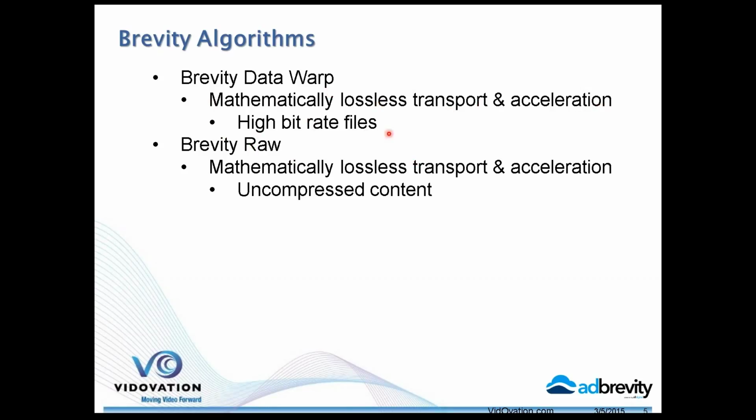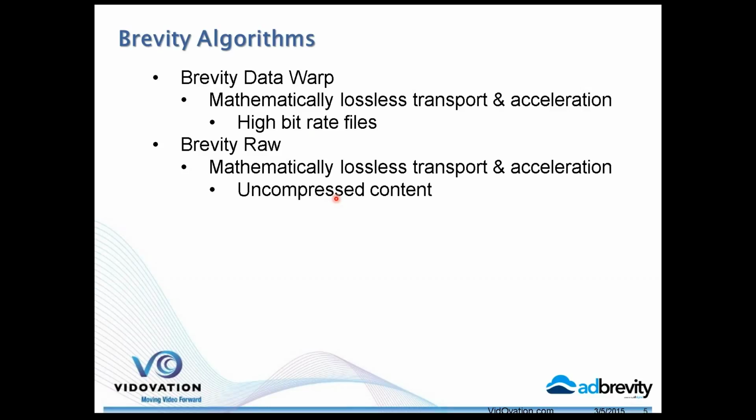This is beneficial with higher bit rate files, really, really large files. Then if we have uncompressed content, raw content, we can handle that as well, and the Brevity raw warp engine kicks in. So we're not just blindly transferring generic files.